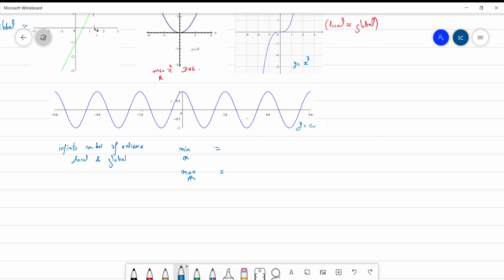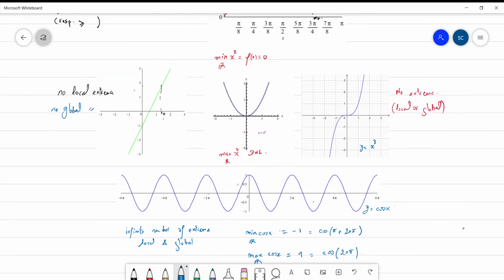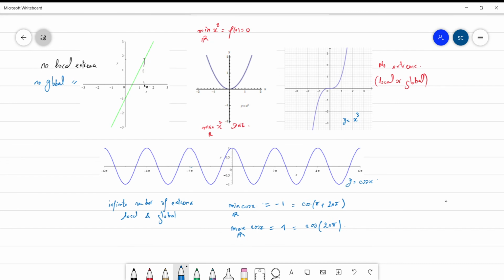So the minimum of cosine x is -1, the smallest value, taken at pi plus a multiple of 2 pi, and the maximum is 1, attained at 0 plus 2n pi.